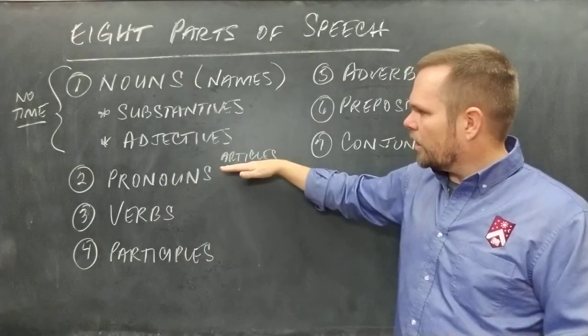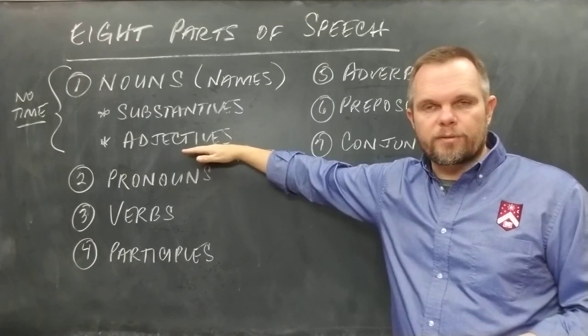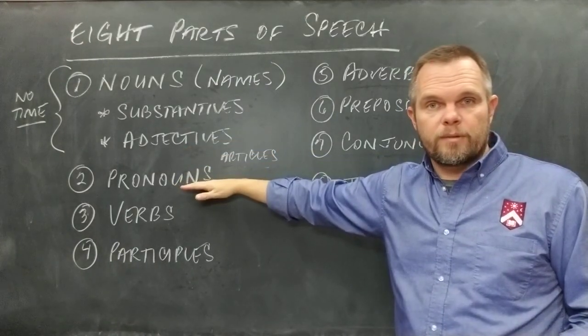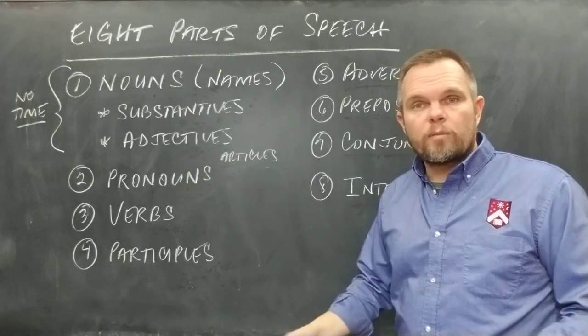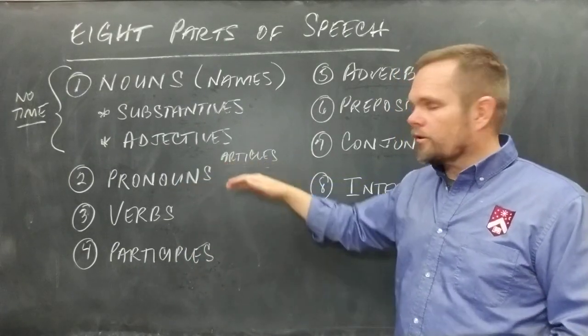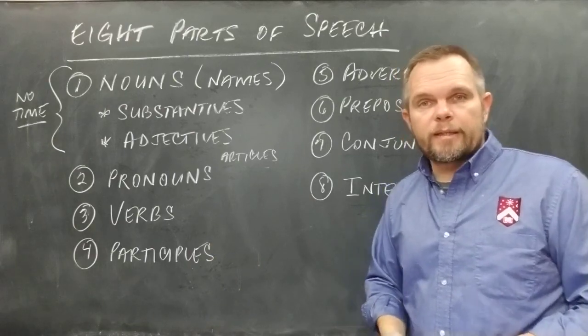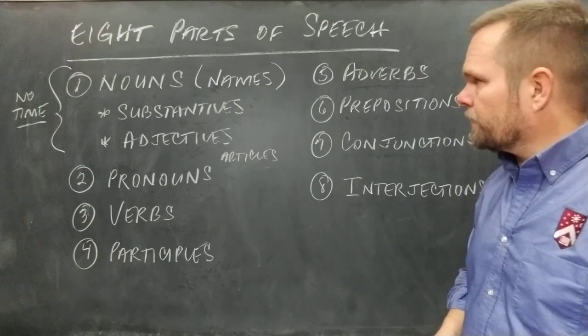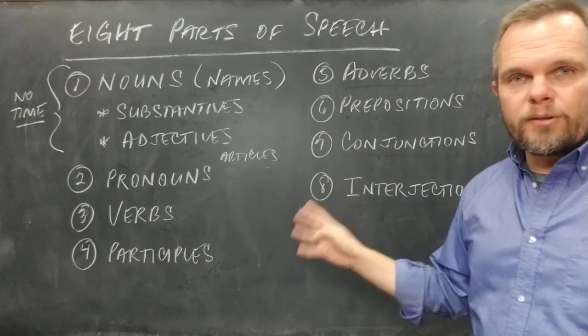In English, articles tend to be adjectives. In Latin, articles would be considered pronouns. Okay? In Greek, we learn separate words. Articles are usually treated separately in Greek, but we'll study that in Greek and keep that separate. Make sure you know the 8 parts of speech.